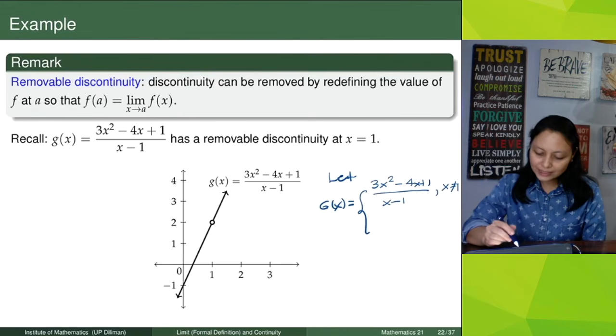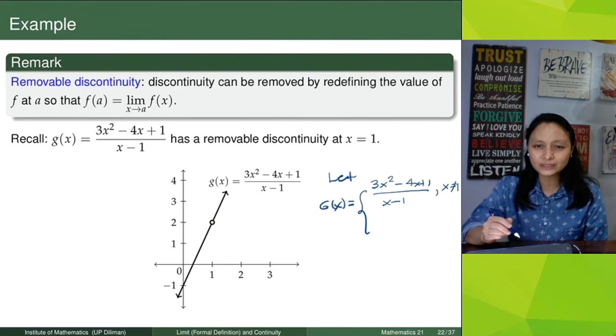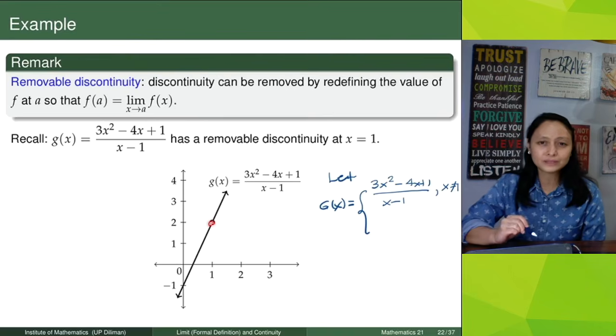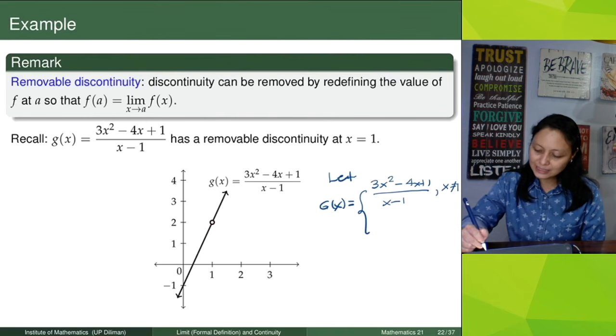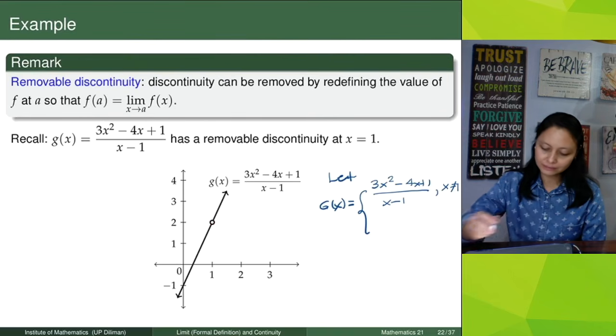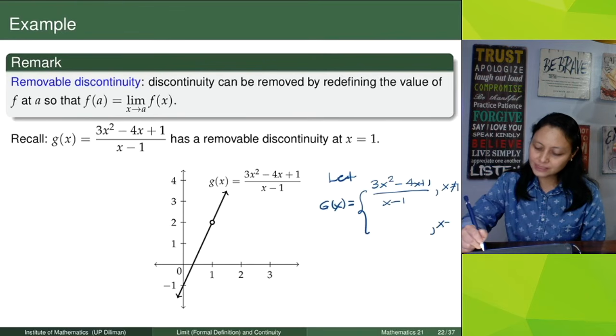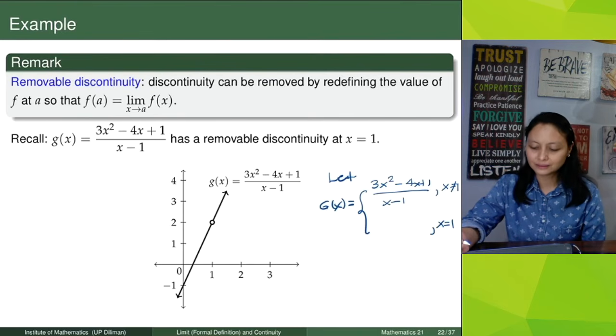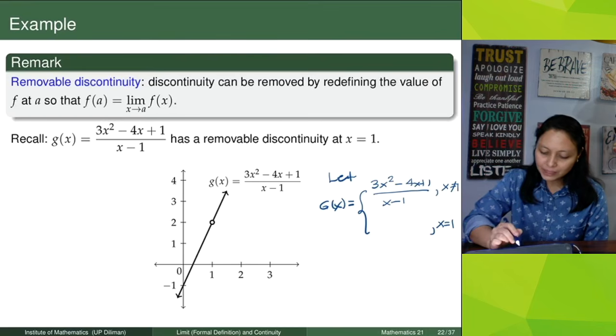Okay? So, ang gusto natin ay lagyan ng parang value dito para maging continuous. Kasi ito yung isang value lang naman ang problema, di ba? Gusto natin na if x is equal to 1, ano dapat yung value para mapunan itong hole na to?